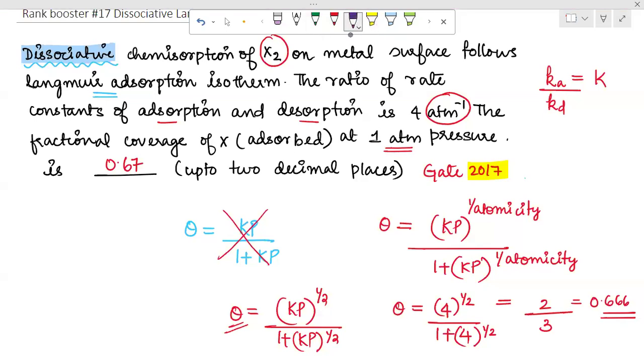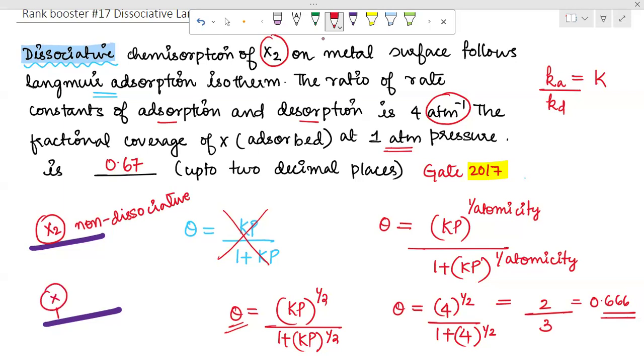Okay, so if you have a metal surface, let's say, and the gaseous molecule X2, if it is adsorbed as it is, without dissociation, this is non-dissociative. While if the chemisorption happens after dissociation into X, so X2 has become 2X moieties now, then this is dissociative.